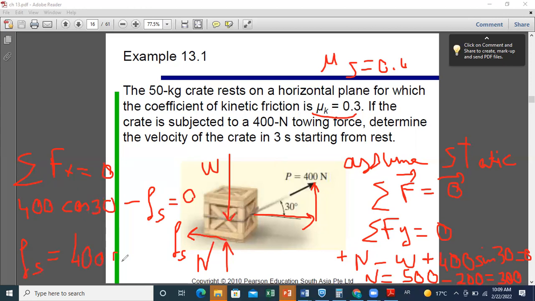But when I am done with my calculation, I cannot stop here. I should verify my assumption.